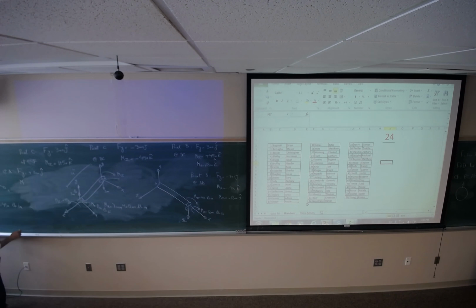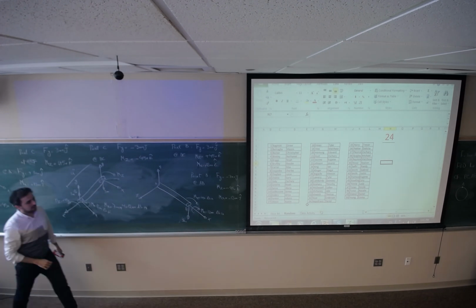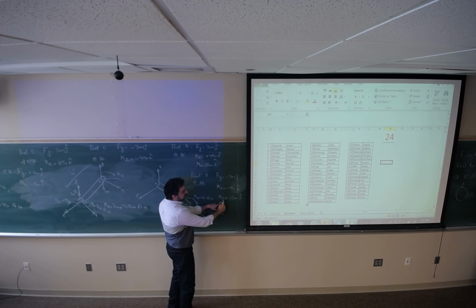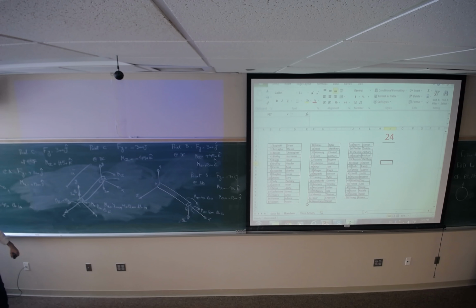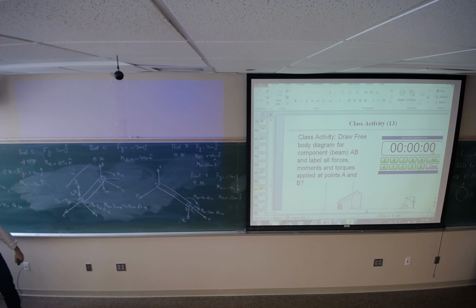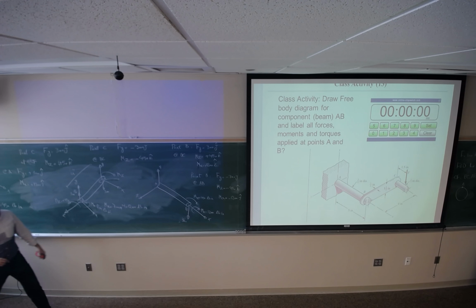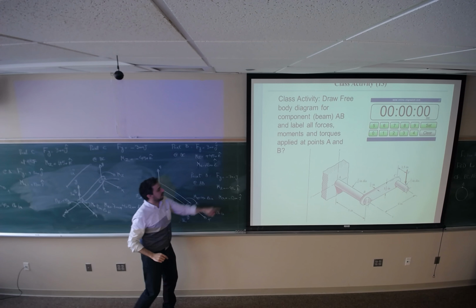So MX is positive 1200 in I. This is x, I mean. And this one, MZ is gonna be positive.